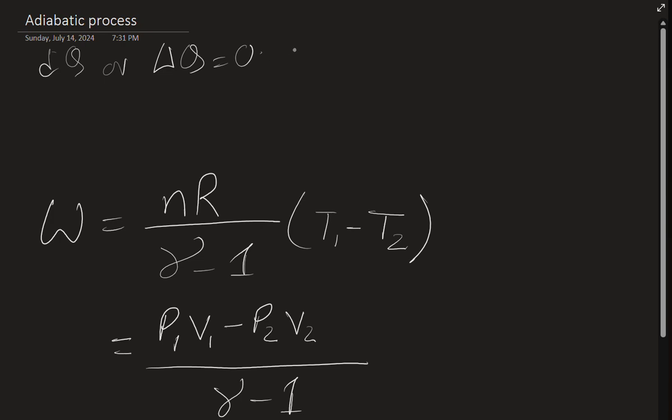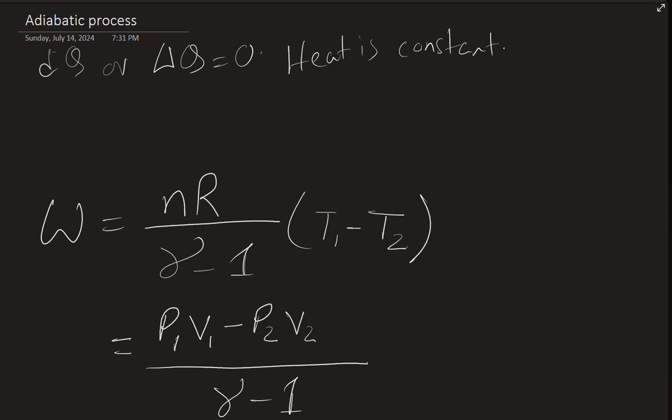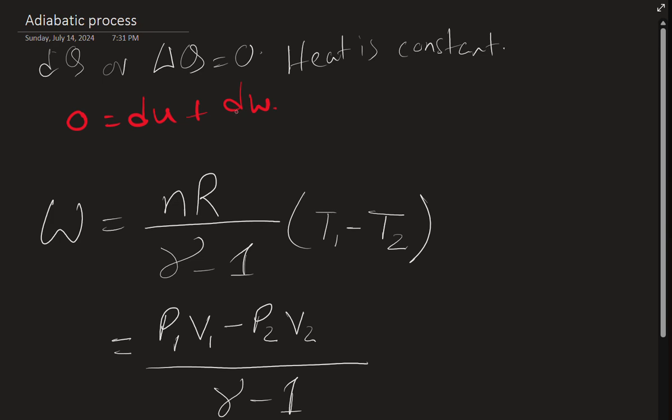That means heat is constant. There is no change of heat. What happens to our main formula in the adiabatic process? Since dq is 0, we have 0 is equal to du plus dw. We can write that as du is equal to minus dw, or vice versa.